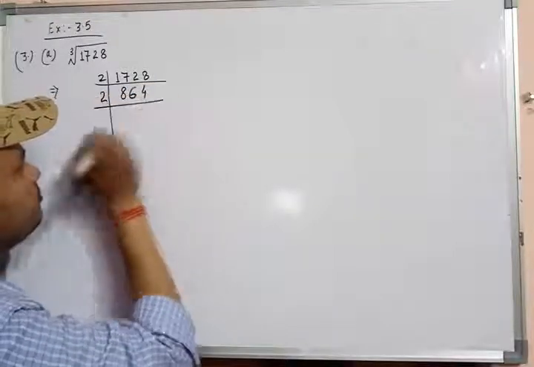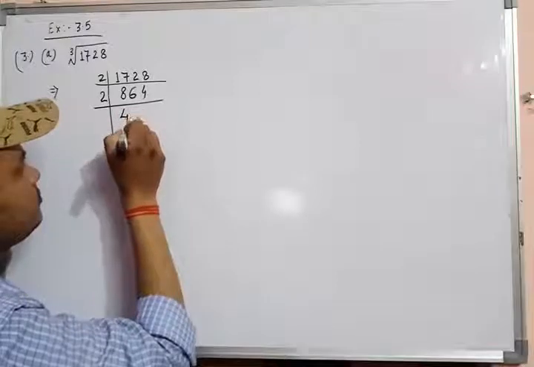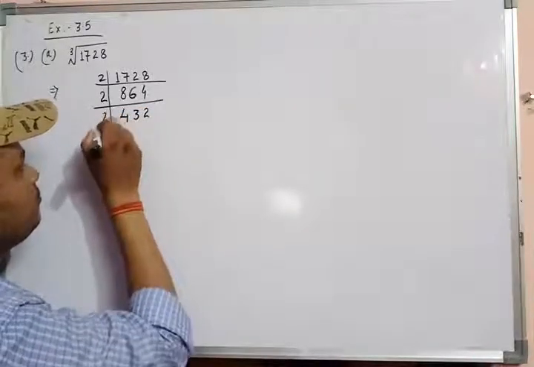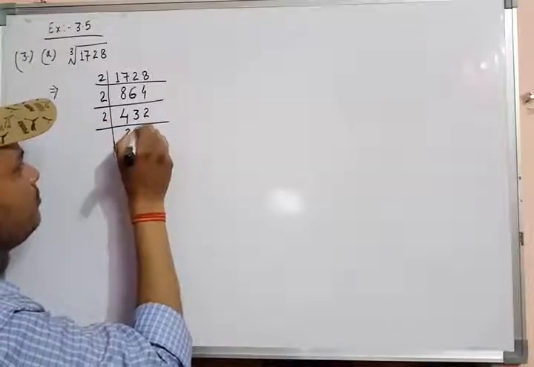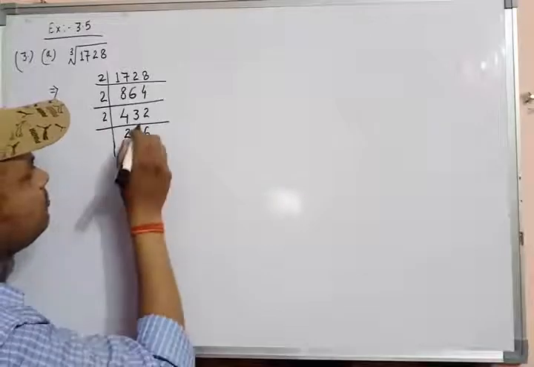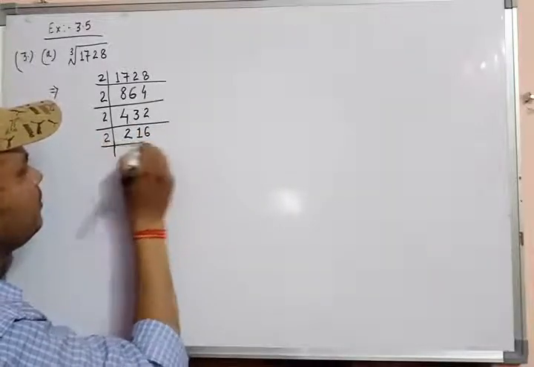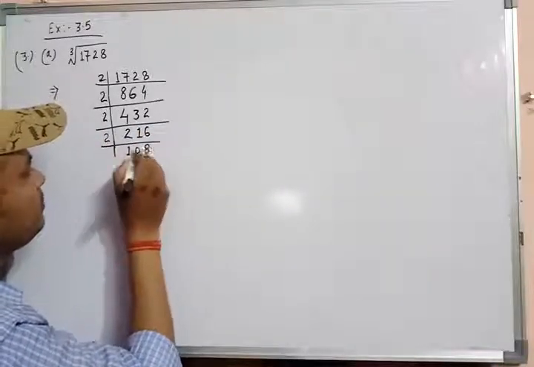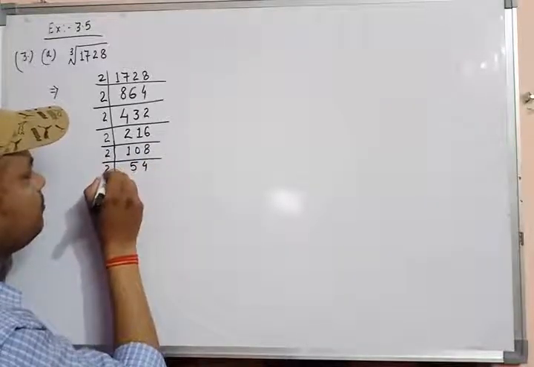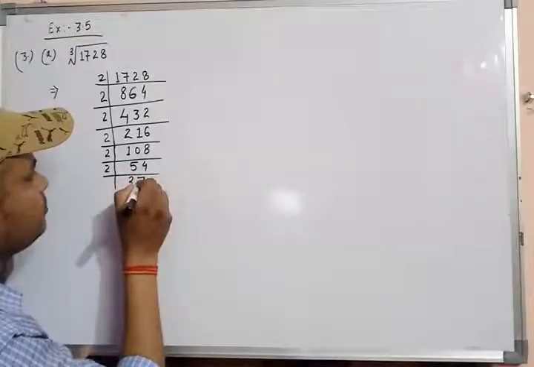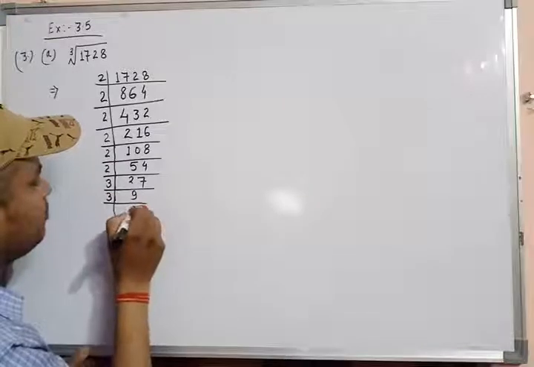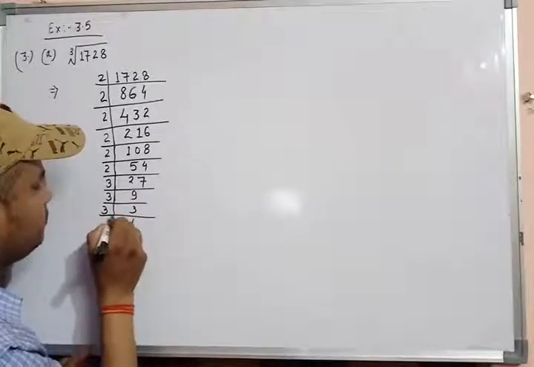Now this number is also divisible by 2. 2 4s are 8, 2 3s are 6, 2 2s are 4, 2 1s are 2, 2 6s are 12. Now again 2 1s are 2, 2 8s are 16, and so on, until 27, then 3 9s, 3 3s, 3 1s.